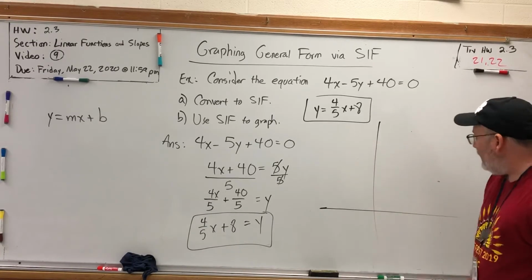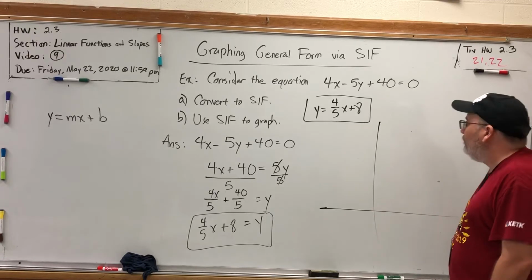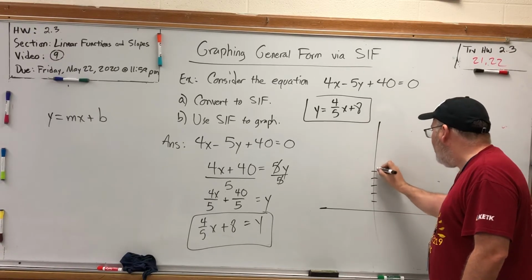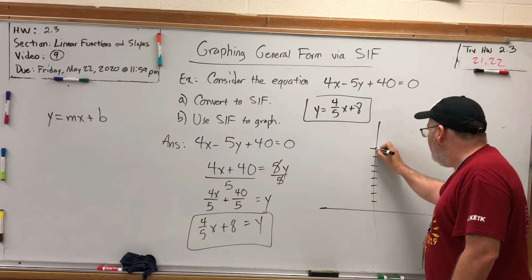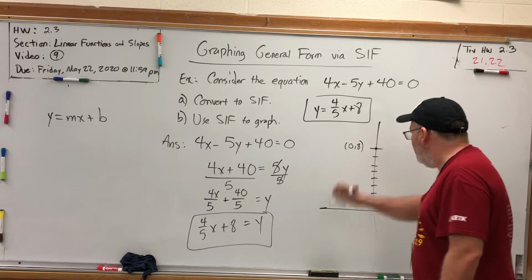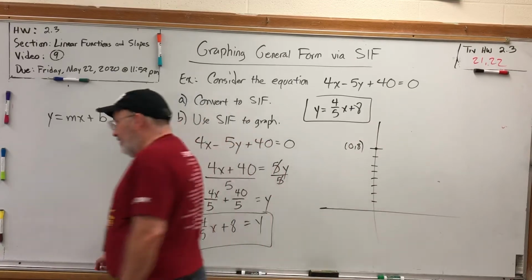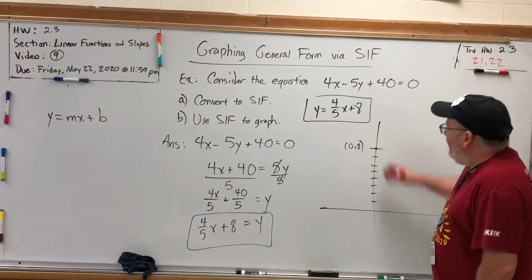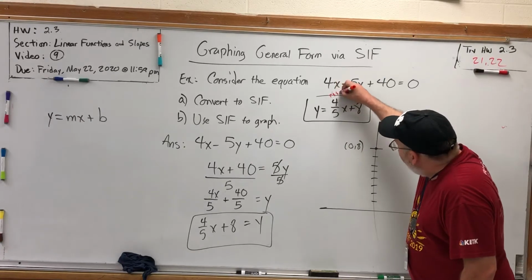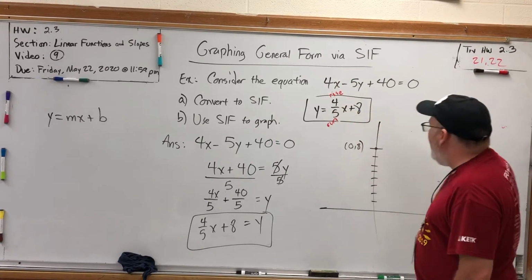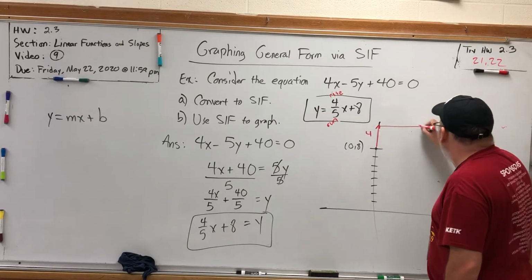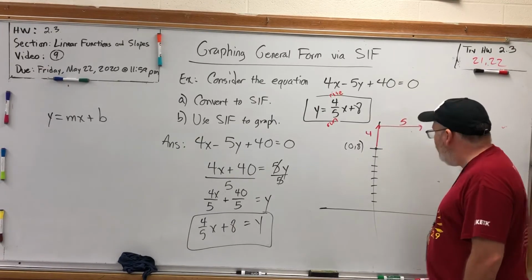I didn't have a lot of room down here because I know I'm going to need space up here. My y-intercept is 8, so 1, 2, 3, 4, 5, 6, 7, 8. So there's 0, 8. And now let's do what the slope says. The slope is 4/5, so it's saying I need to rise 4 and run 5. So if I rise 4 and run 5, do you know where that will put me?